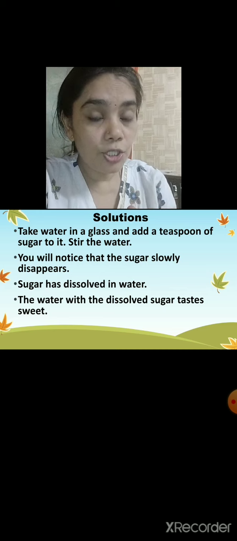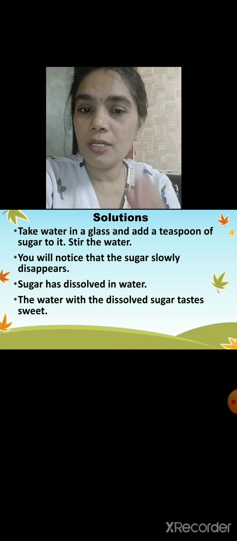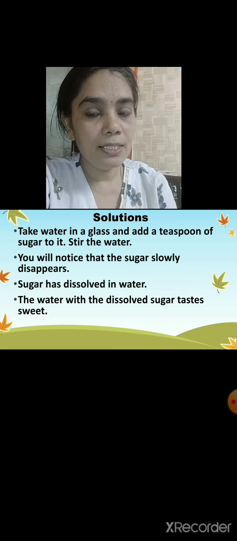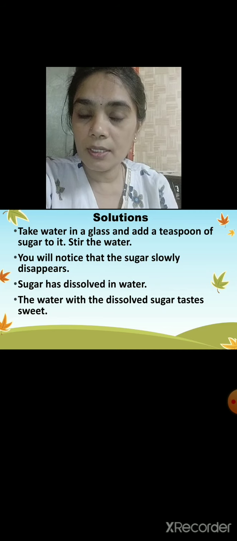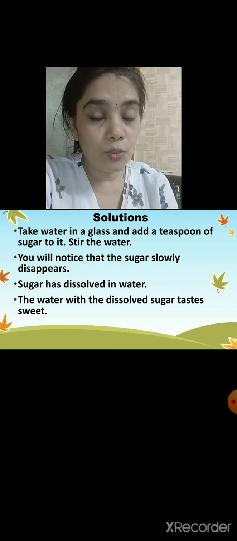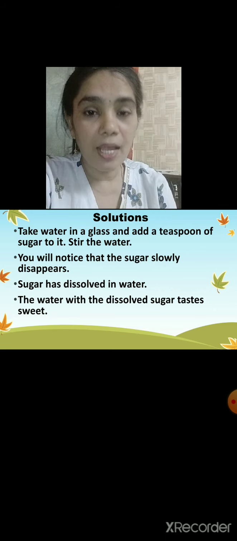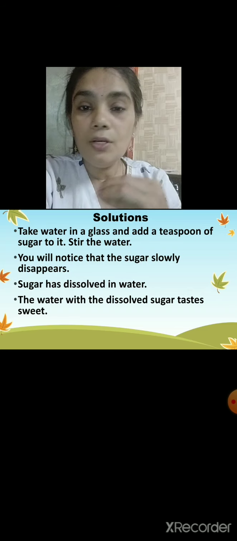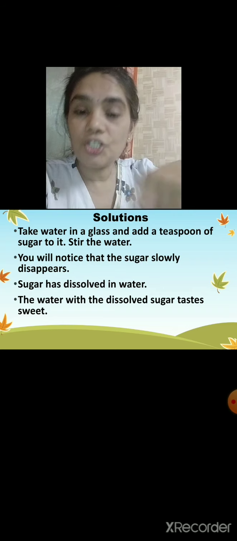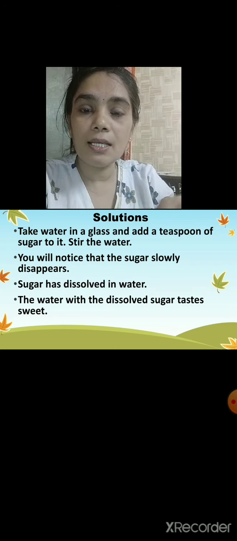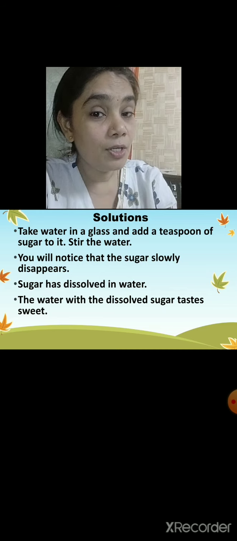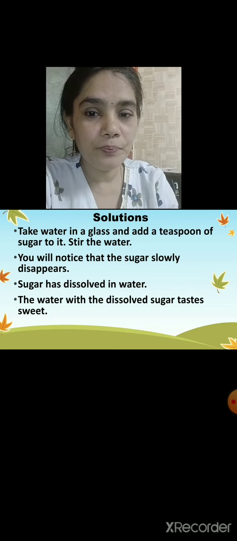Now we are going to make the solutions. You will take a glass and add some water in that glass. First you will take some sugar and add it in that water, and start stirring. Stirring means mixing the sugar and the water. So what will happen now?